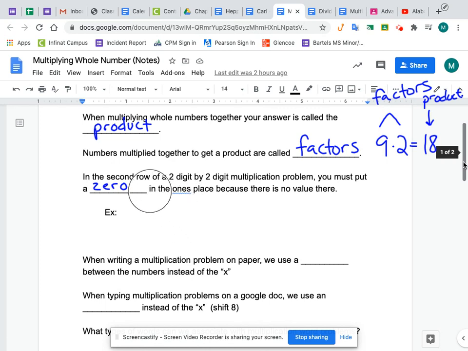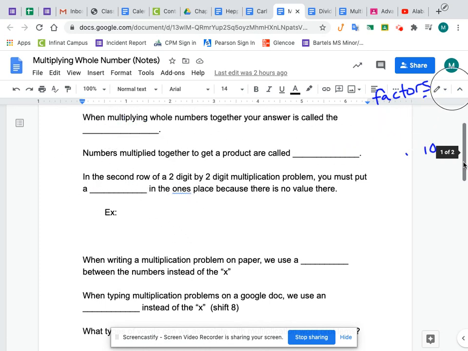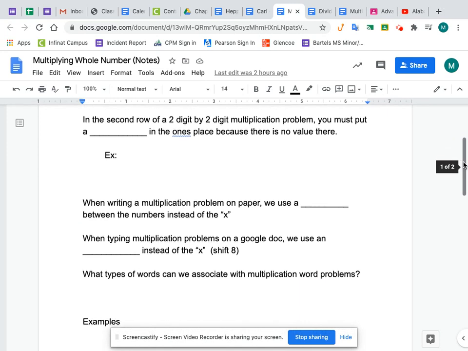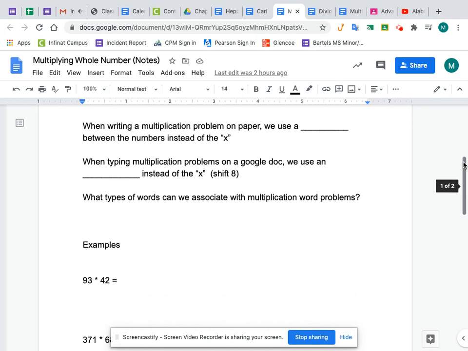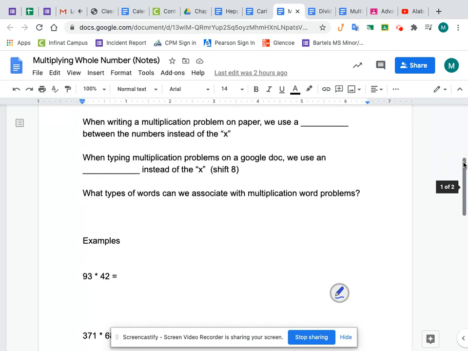Now, if we move on to the next piece, when writing a multiplication problem on paper, we use a dot between the numbers instead of the x. What I'm talking about here is that from here on out, I am going to write the problem as 9 · 2 = 18.